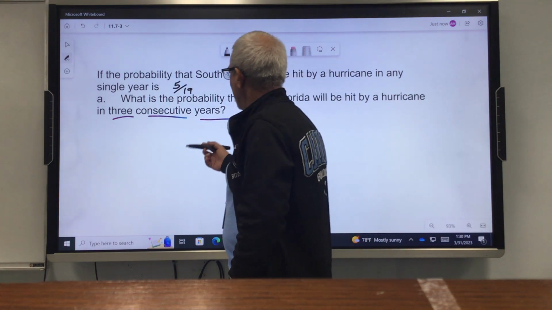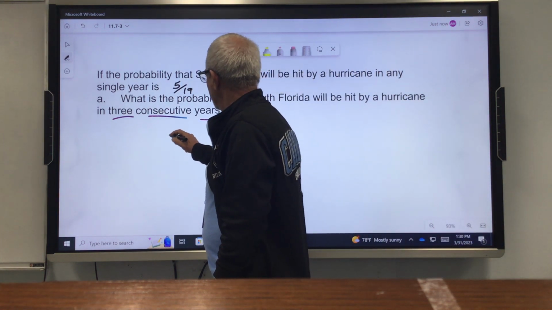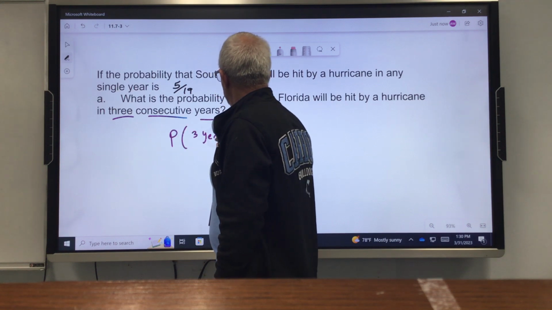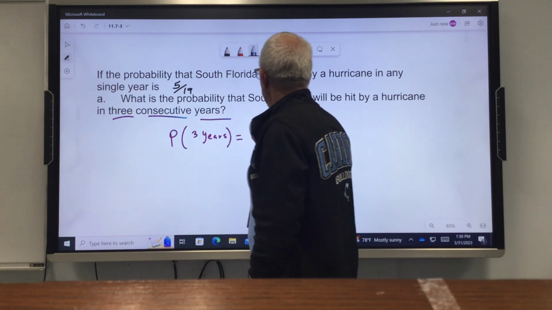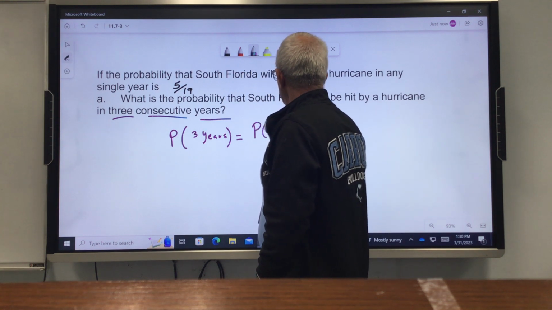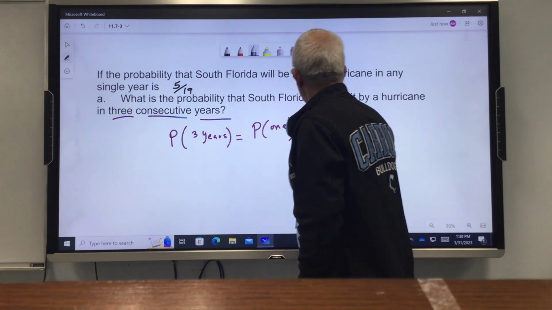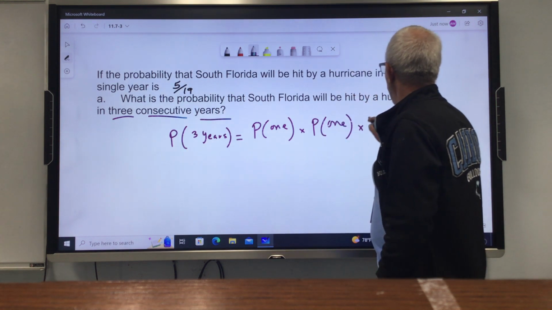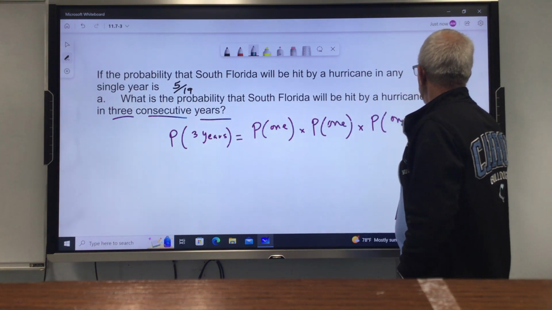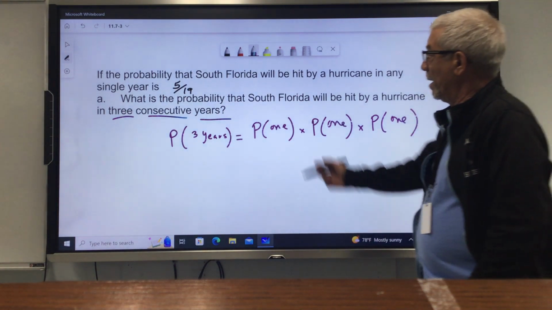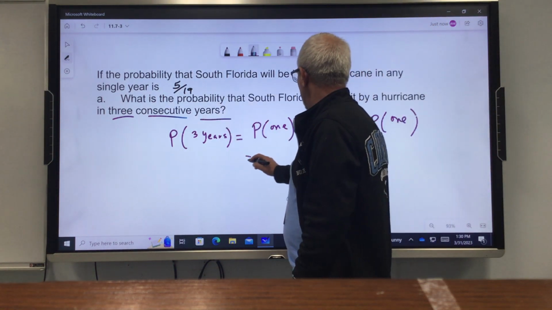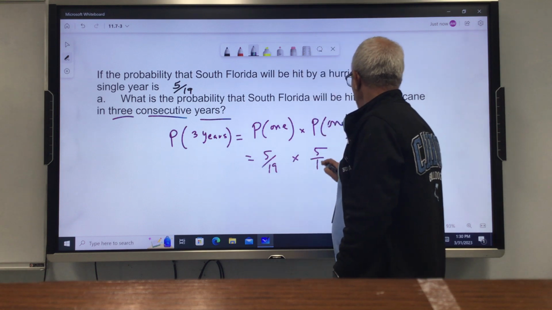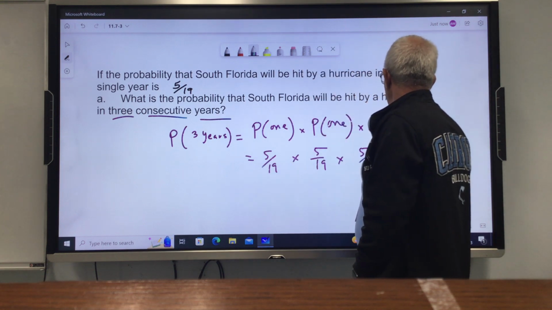The probability in 3 years will be the probability in 1 year multiplied by the probability in 1 year multiplied by the probability in 1 year. In 1 year it is 5/19, so that will be 5/19 times 5/19 times 5/19.